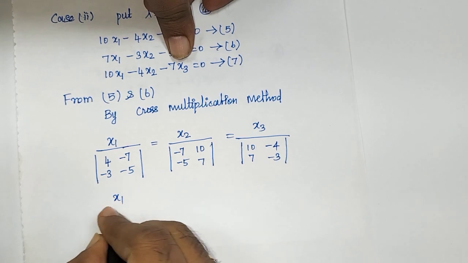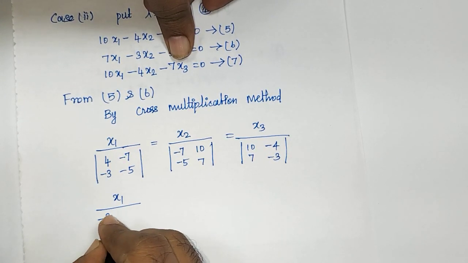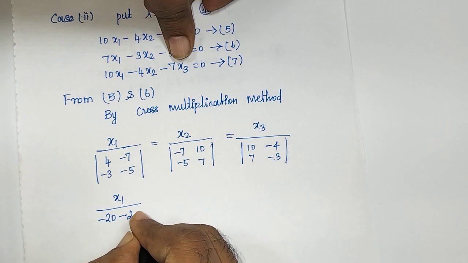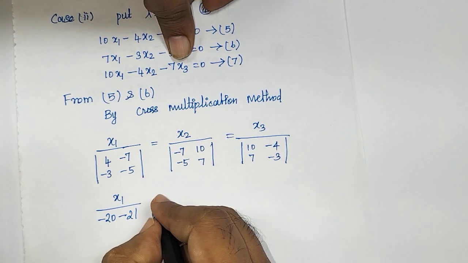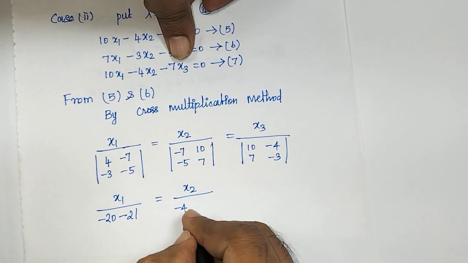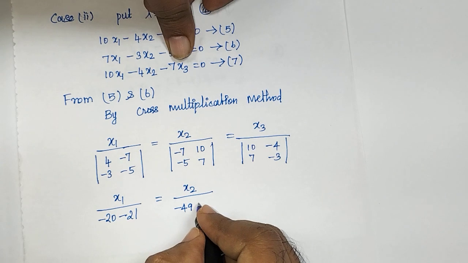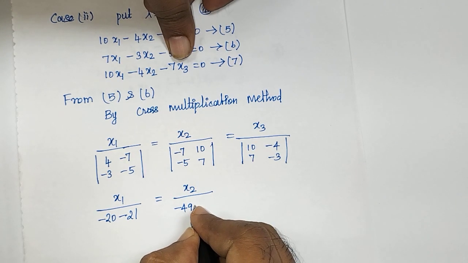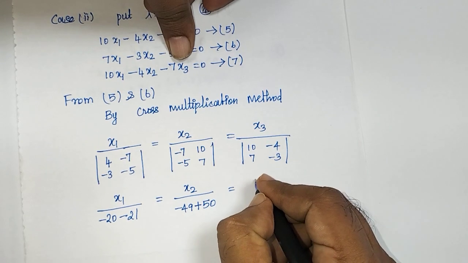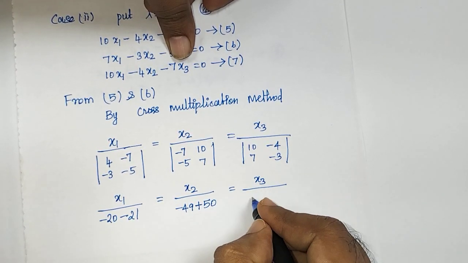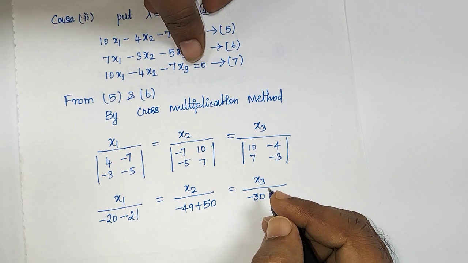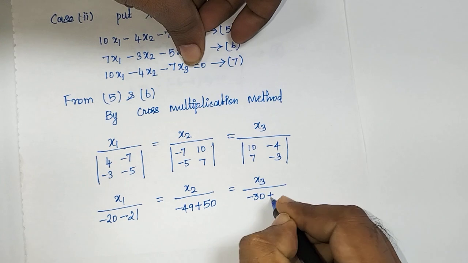And x1 divided by 4 into minus 5, minus 20, 3 into 7, plus 21, so minus 21, is equal to x2 divided by minus 7 into 7, minus 49, and minus 5 into 10, minus 50, and minus into minus plus 50, is equal to x3 divided by 10 into minus 3, minus 30, and plus 28.